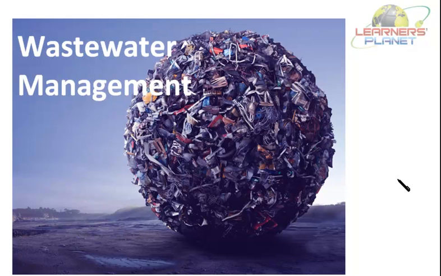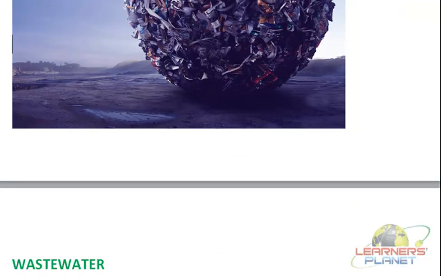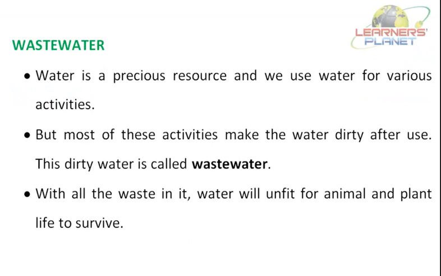You understood why we are actually discussing this topic. As we have learned in the previous chapter, water is a precious resource, right? It is a precious resource and we use water for various activities. But most of these activities make the water dirty after use, and that is why this dirty water is called wastewater.